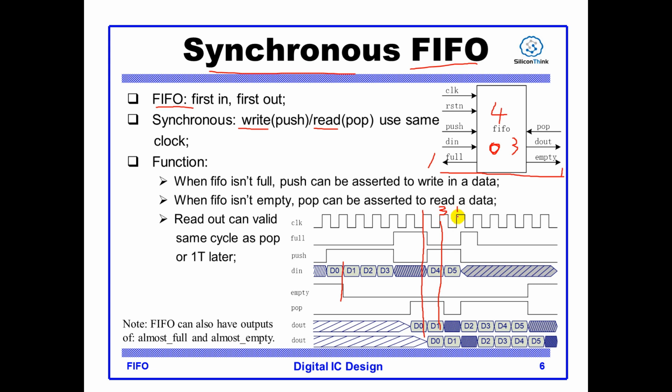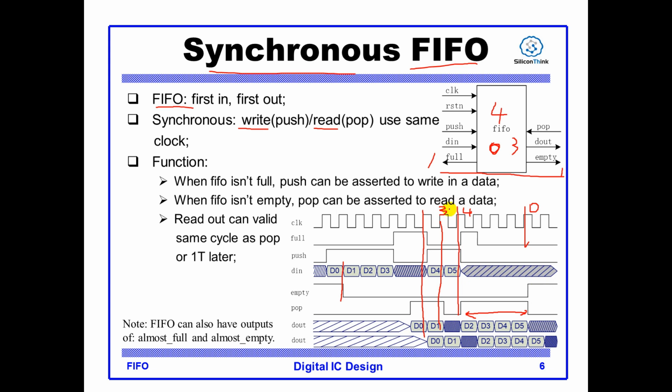Then we push. So the data number will be 4 again. And after that, we pop 4 data out. Then there will be 0 data after this cycle, and the empty flag asserts. So this is a sample waveform for the FIFO.